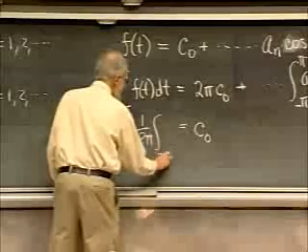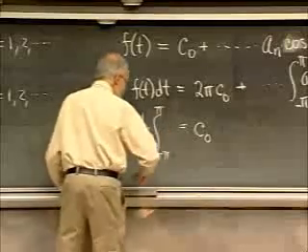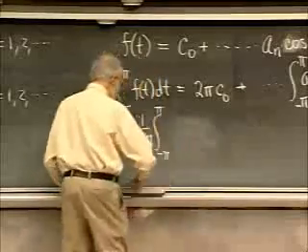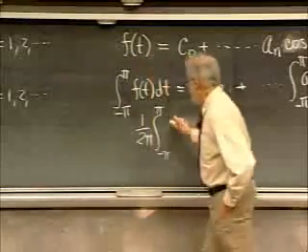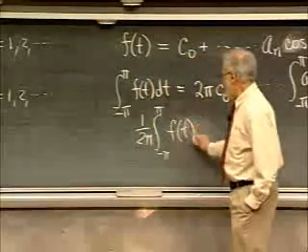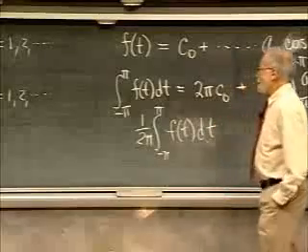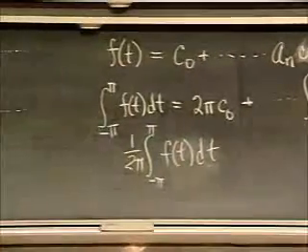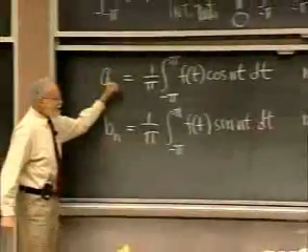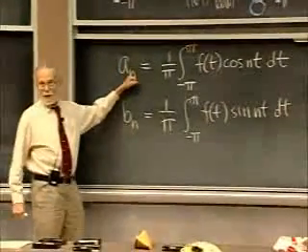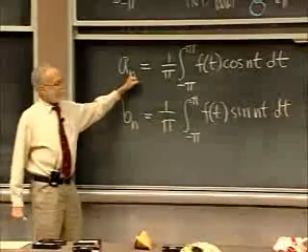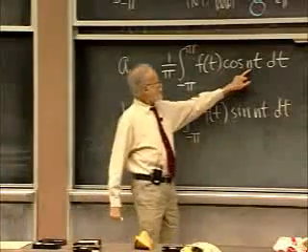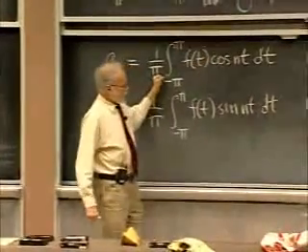Now, there are two kinds of people in the world. The ones who learn two separate formulas and the ones who just learn two separate notations. So what most people do is they say, look, I want this to always be the formula for a0. That means even when n is 0, I want this to be the formula.